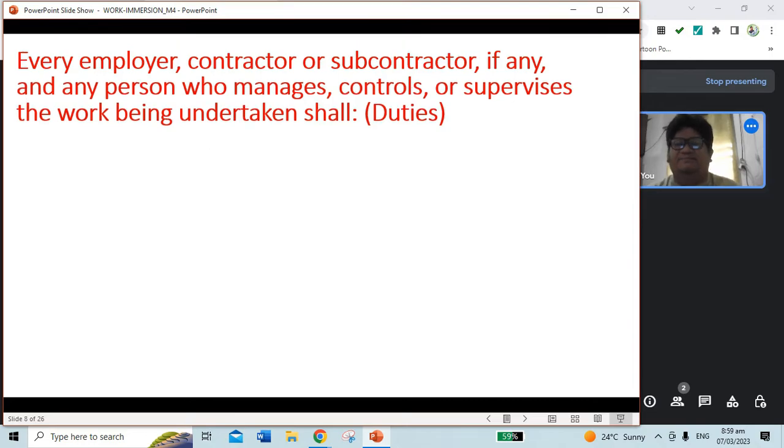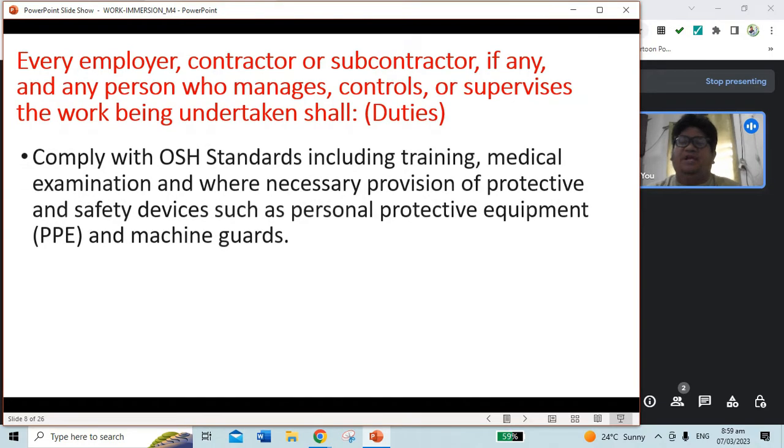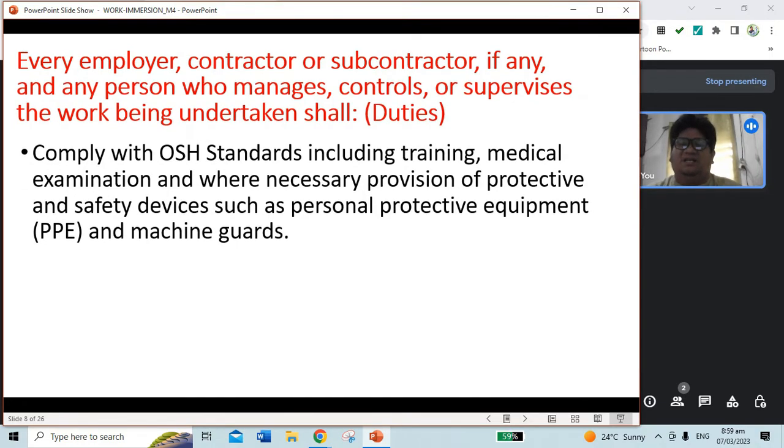Okay? Another one, number 3, comply with the OSH standards, including training, medical examination, and where necessary provision of protective and safety devices such as personal protective equipment or the PPE and the machine guards.